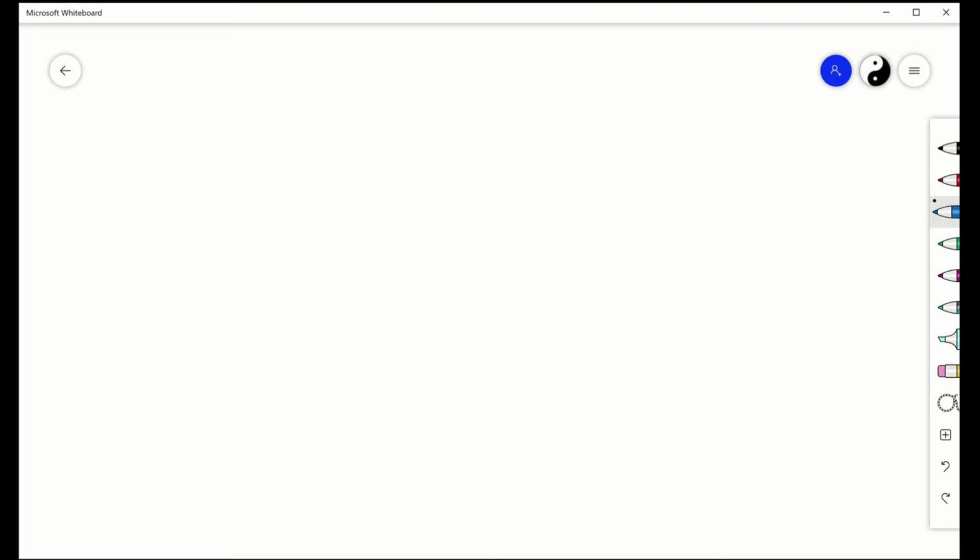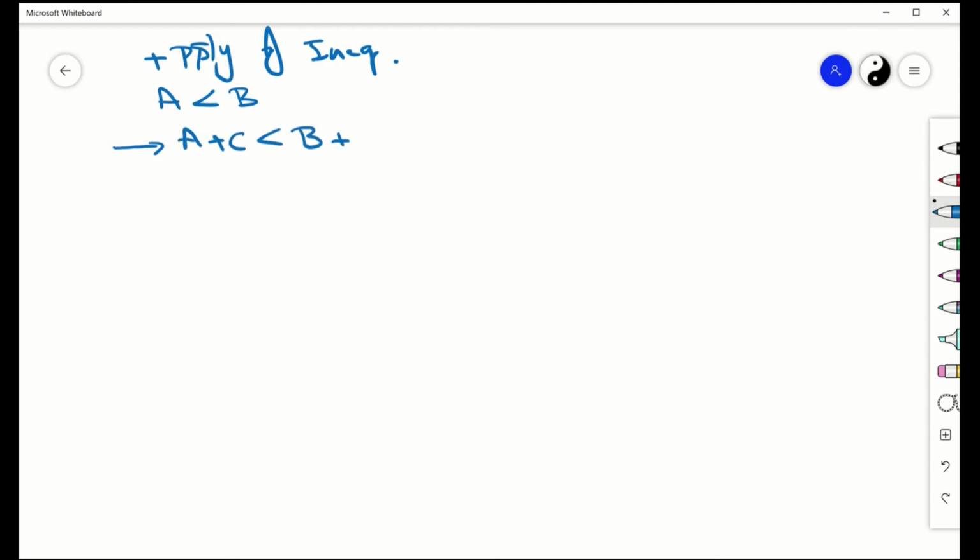So for example, we can say the addition property of inequality, being if a is less than b, that implies that a plus c is less than b plus c. We can also mention the subtraction property of inequality.